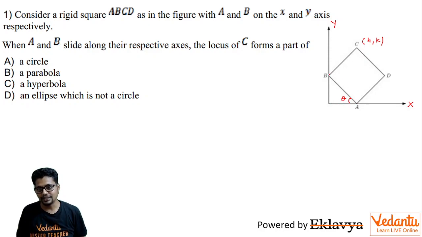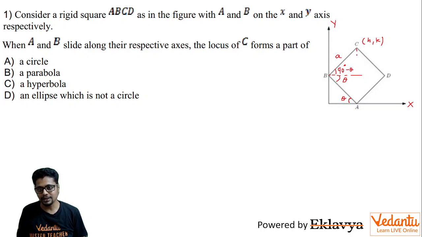And if this is theta, this angle would become theta, right? Let's say the side length of this square is A without loss of generality, and this would become 90 degree minus theta. Now it may look that this theta is supposed to be 45 degree, but mind you, let me repeat, this rigid square is sliding, so this theta is varying.